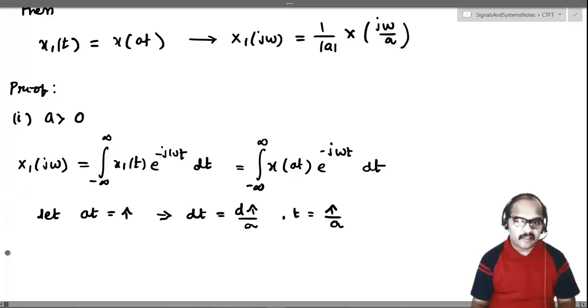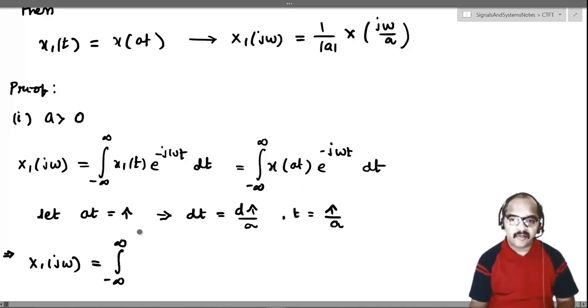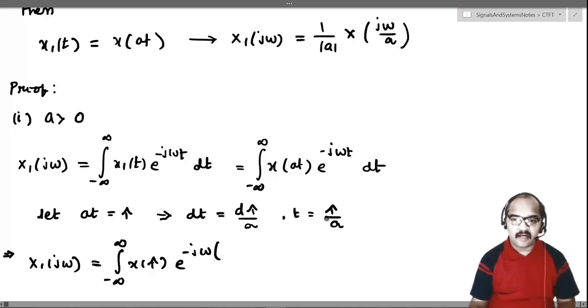This implies x1 of j omega is equal to integral minus infinity to infinity, where we replace at with tau, so you get x of tau e power minus j omega, and t is replaced with tau by a, and dt is replaced with d tau by a.